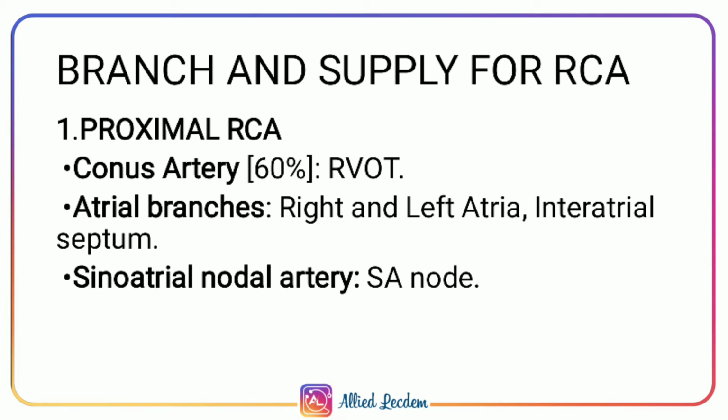The proximal RCA branches off into the conus artery, which is found in 60% of the population and supplies the right ventricular outflow tract. The arterial branches supply both the atrium along with the intra-atrial septum. The sinoatrial nodal artery supplies the SA node.